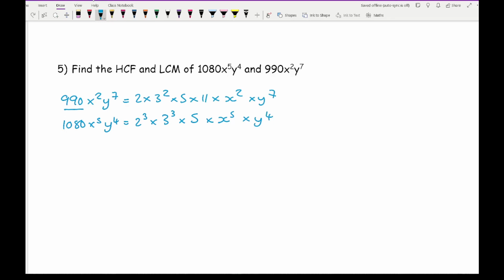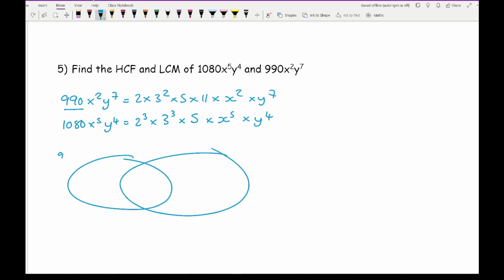So when you're doing your Venn diagram, let me just draw my Venn diagram quite poorly and quickly label it. From this, what you want to do is put the things with the lowest power in the middle. So here I've got 2 to the power 1 and 2 cubed, so the lowest power there is 2, so 2 goes there.